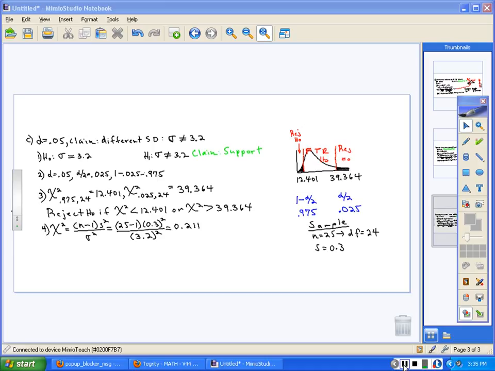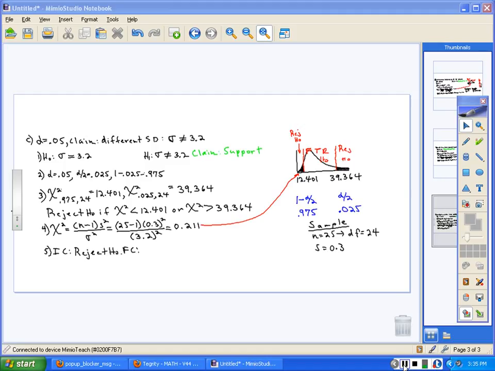So looking, well, let's just write down step 5 here. Step 5, initial conclusion. And now we're comparing the test statistic to the critical value. And 0.211 is a small number that would fit in there. And so our initial conclusion is to reject H0, and the final conclusion.